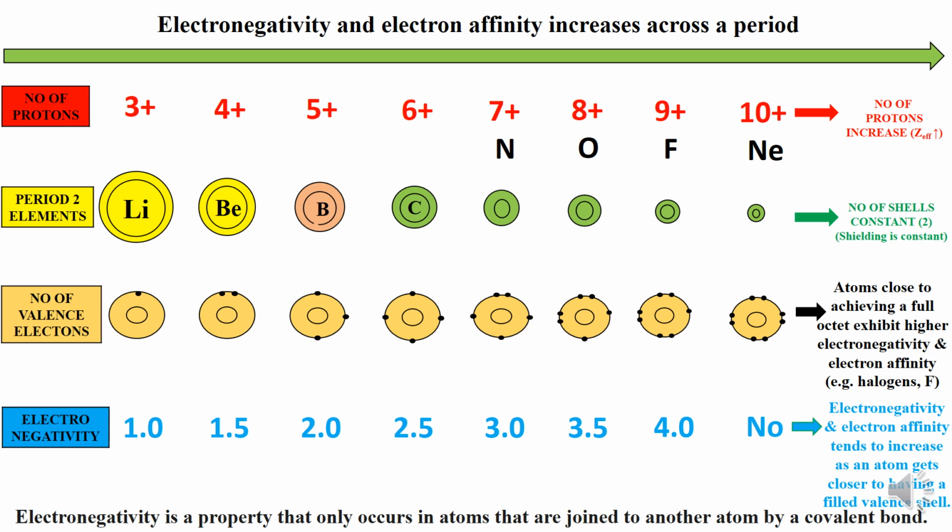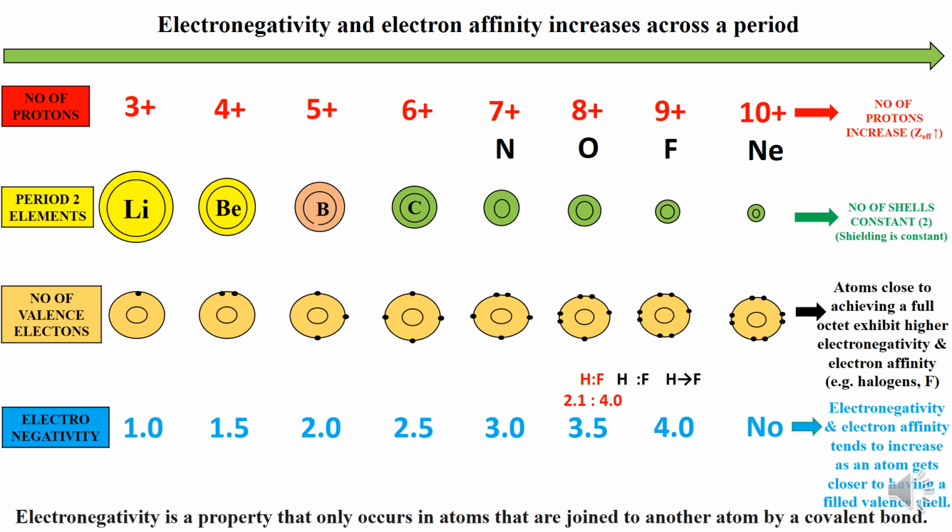So electronegativity and electron affinity tend to increase as an atom gets closer to achieving a filled valence shell. That is why the hydrogen fluoride molecule is polar in nature, where the fluorine atom, because of its greater electronegativity, pulls the shared pair of bonding valence electrons closer to itself, making it a polar molecule.